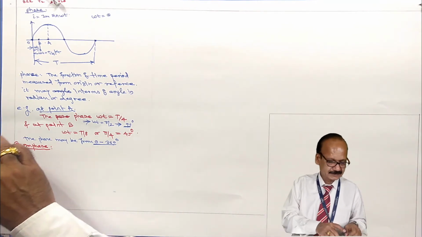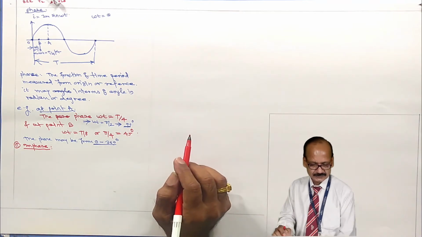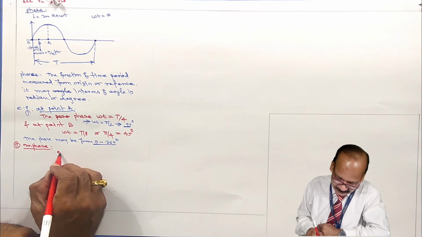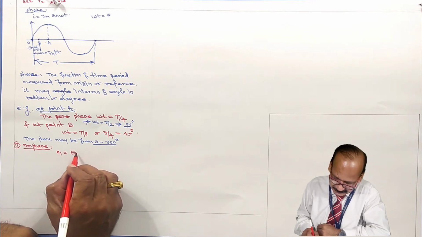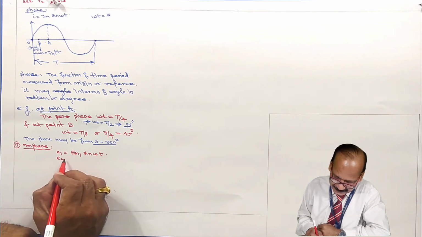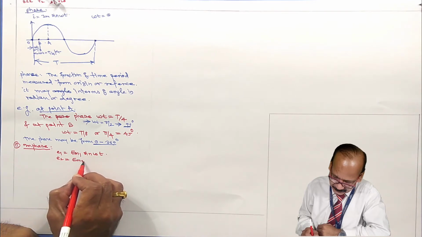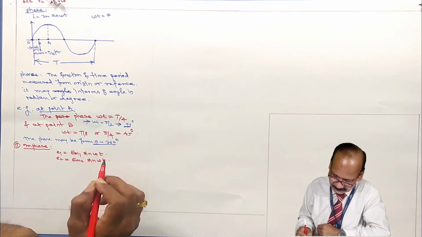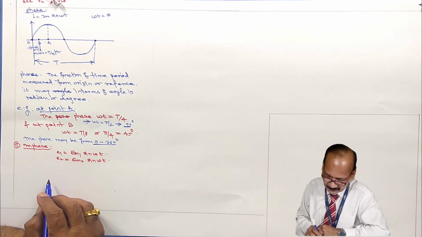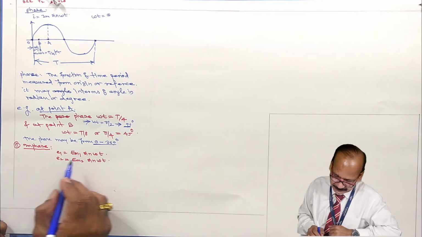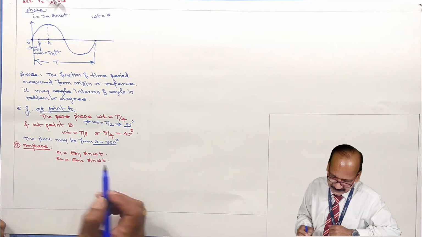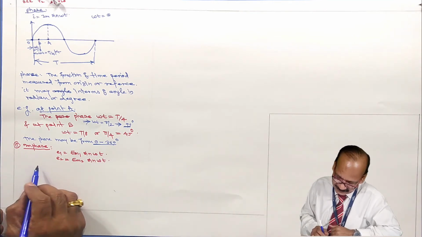Let us consider two similar quantities, say the voltages. So E1 equal to say EM1 sin omega t and E2 equal to EM2 sin omega t. Now both these waveforms indicate that their magnitudes are different, but they achieve their maximum and minimum values at the same time.